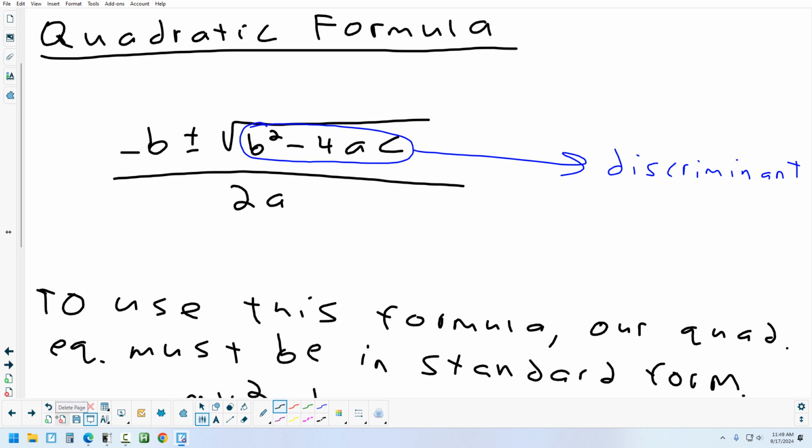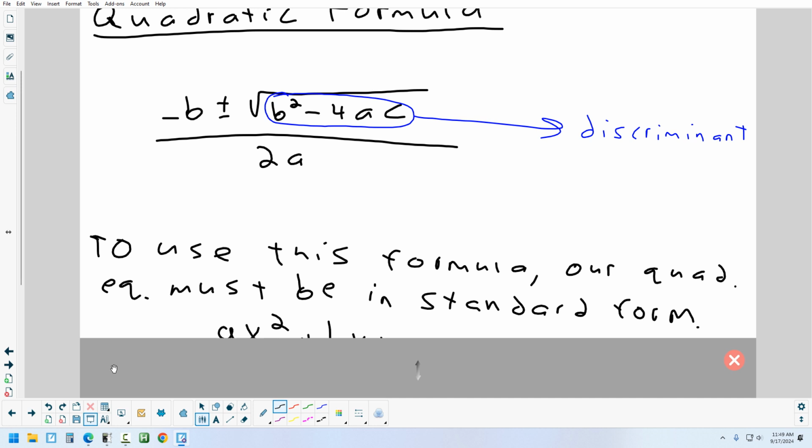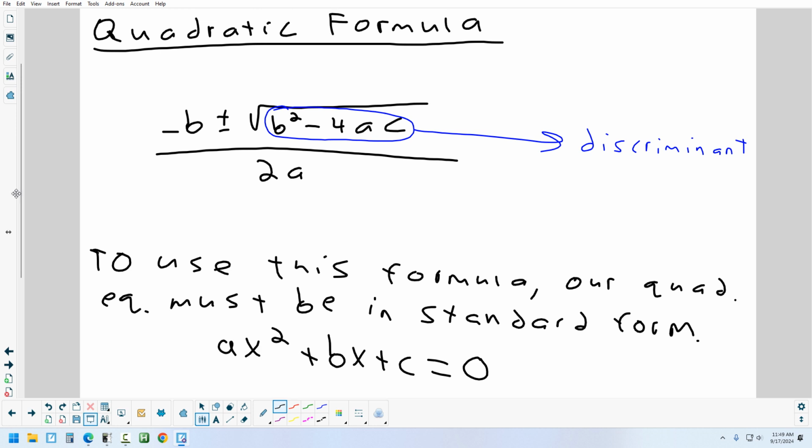So this formula relies on using the A, the B, and the C. And remember, I pointed out what those 3 things were. A is the number in front of x squared. B is in front of x. C is your constant.